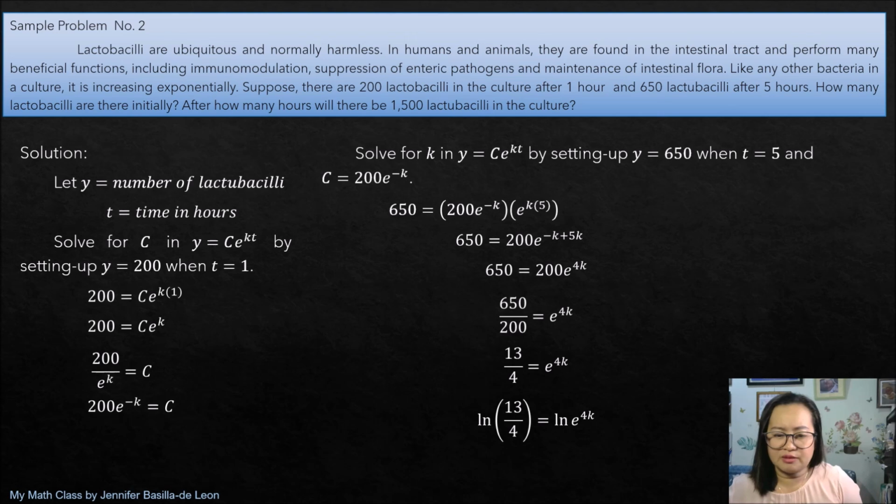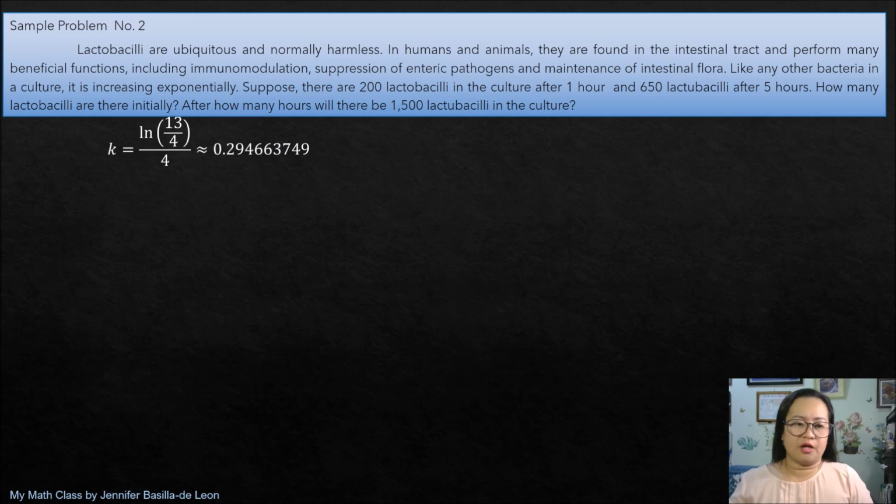So we get the ln on both sides. So we have ln of 13/4 equals ln e^(4k). Okay, now solving for k, we will have ln of 13/4 divided by 4, which is approximately equal to 0.29.